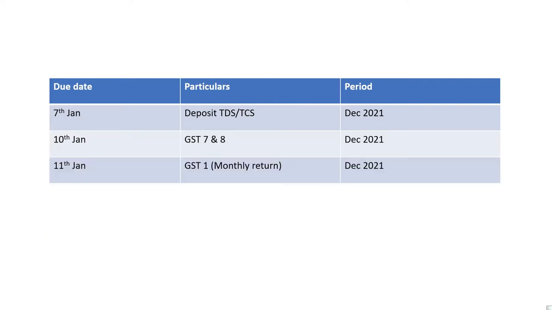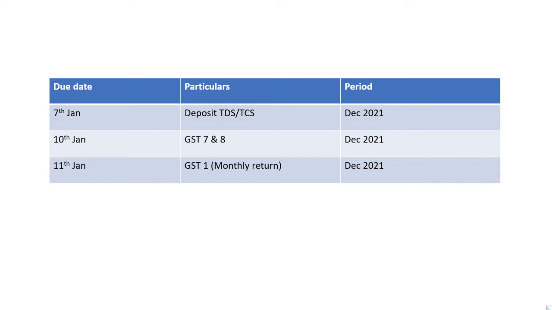Then the second due date is 10 January. Those who are dealing with TDS deduction or TCS collection have to file the GST 7 and or GST 8 return on or before 10th January. 11th January is for the normal return, GSTR-1. Those who selected the monthly return need to file GSTR-1 for whatever sales were done in the month of December.